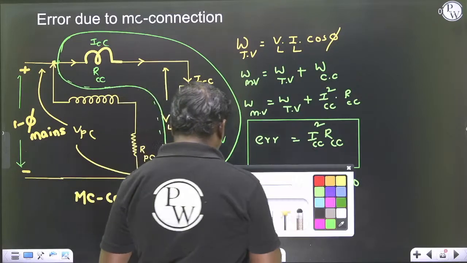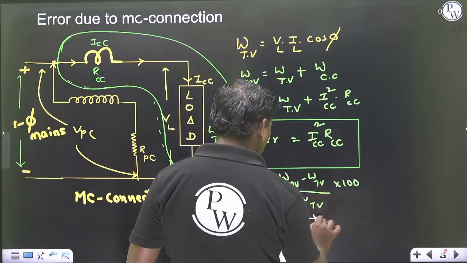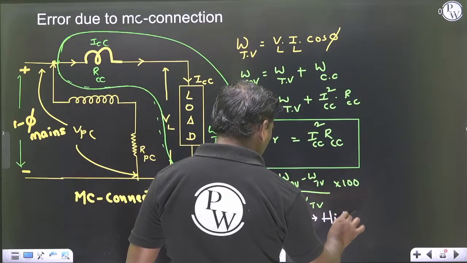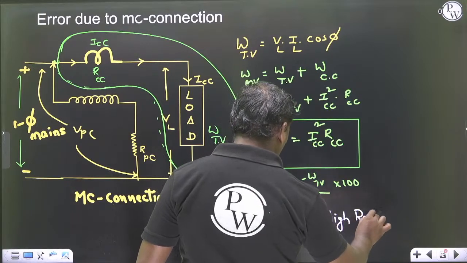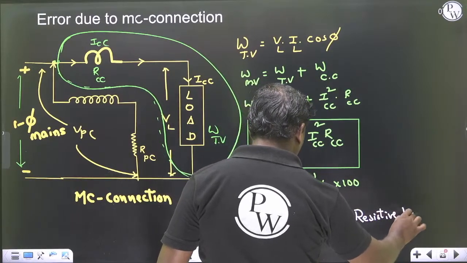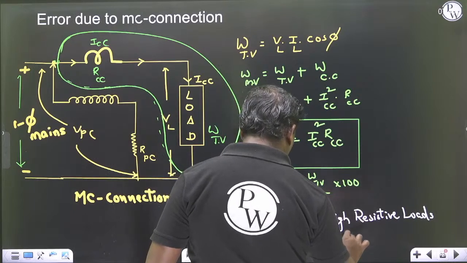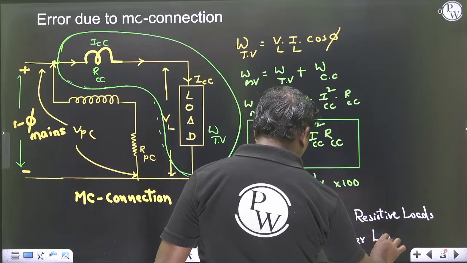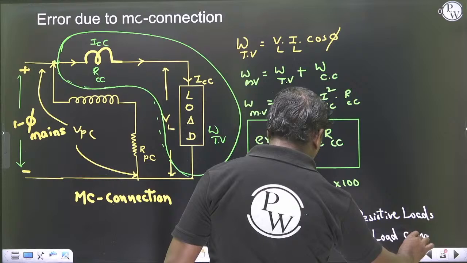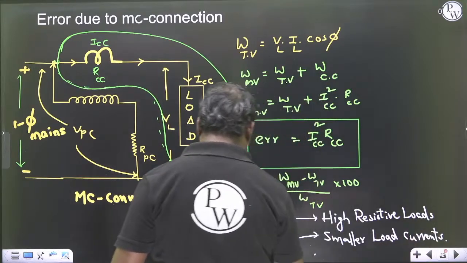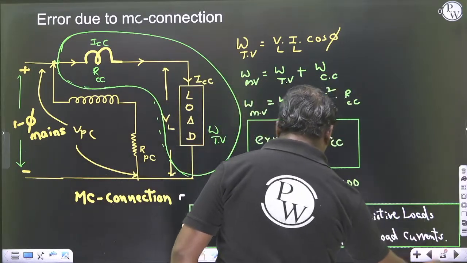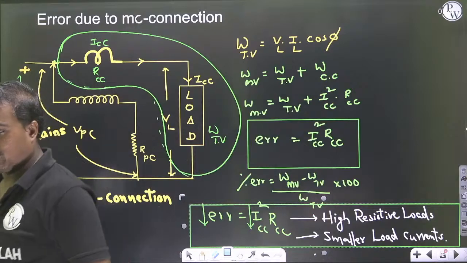So what we can write? Suitable for high resistive loads, and for smaller load current also it is suitable. Please note down, most expected question.